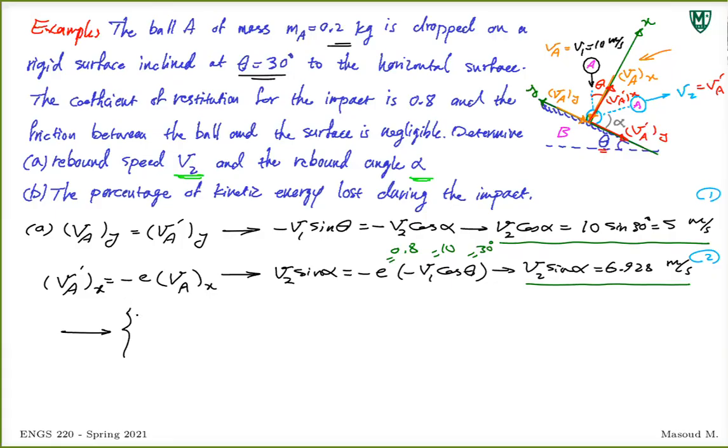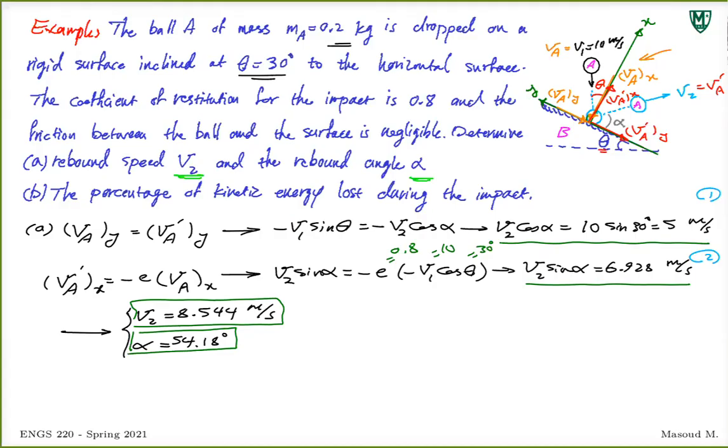All right, so V2 becomes, hopefully I did the calculation right, 8.544 meters per second, and alpha becomes 54.18 degrees. Hopefully I did all the calculations right. So this is V2 and this is alpha, right?